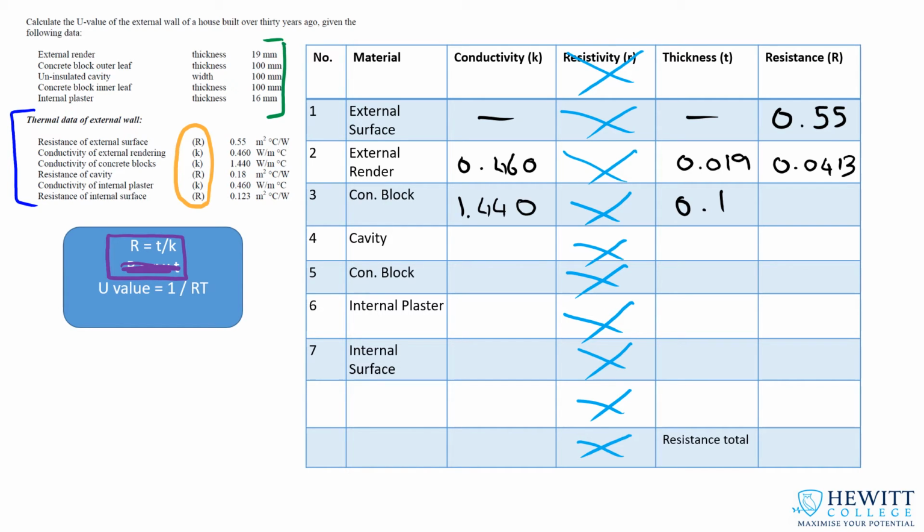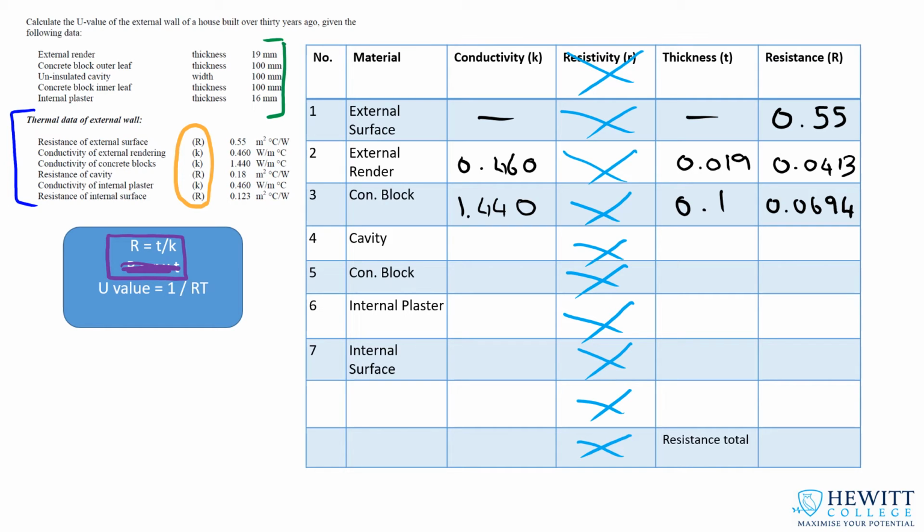We have the thickness and the conductivity, so we use the formula R equals T over K, and that gives us a resistance of 0.0694. Be careful to make sure that you have the decimal point in the right place, and that you copy the figures down from the calculator correctly, because that's where a lot of people go wrong.